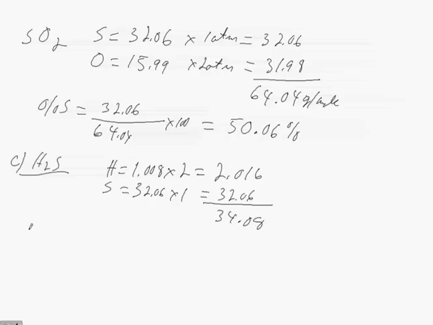If I then do my percent sulfur, it is going to give me 32.06 over 34.08 times 100, which means percentage-wise in hydrogen sulfide, I'm going to have 94.07% sulfur.